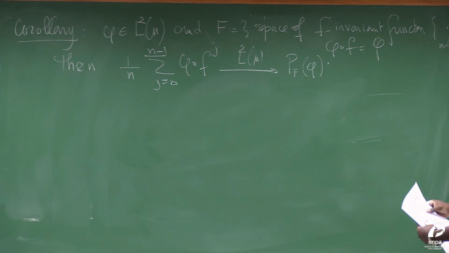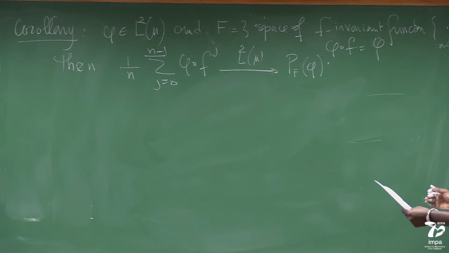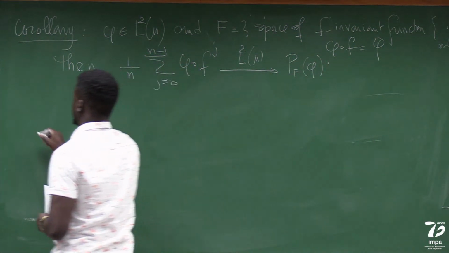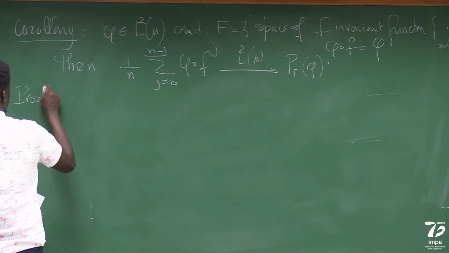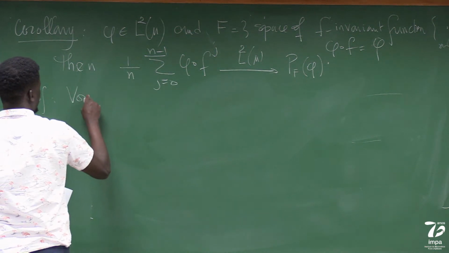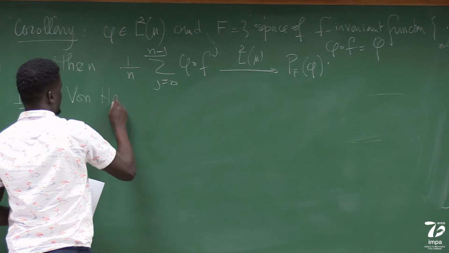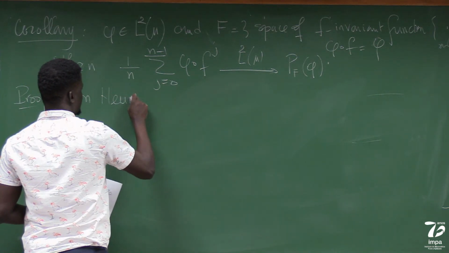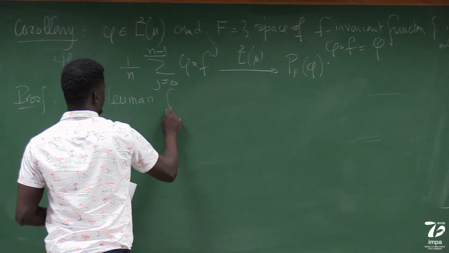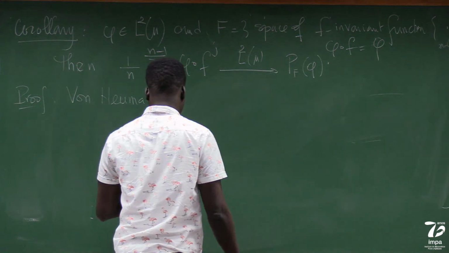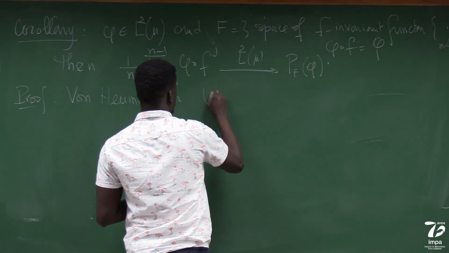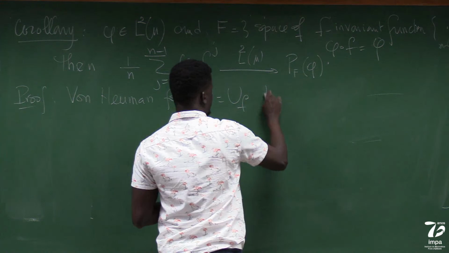So here the proof is simple. It's just von Neumann for the Koopman operator. Proof. U equals U F is the Koopman operator.